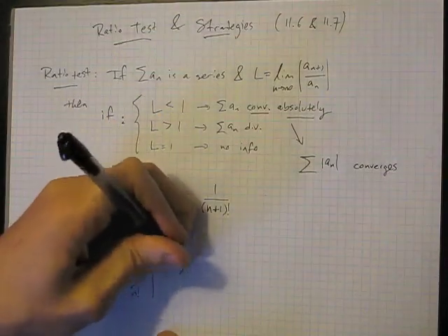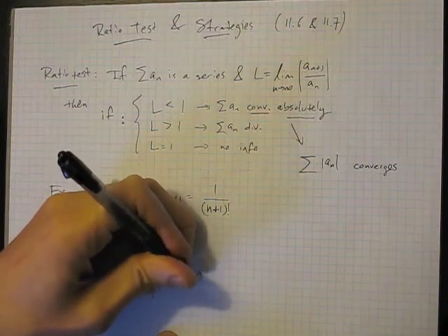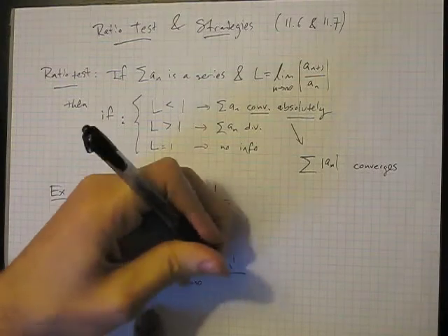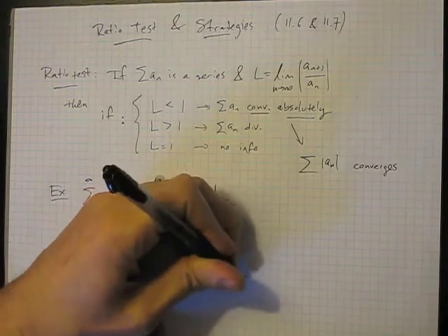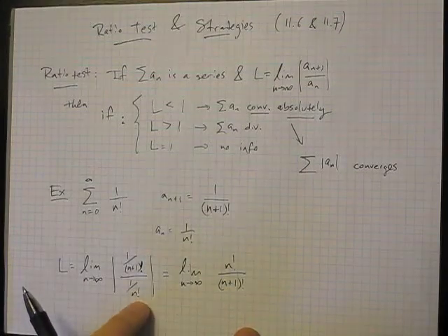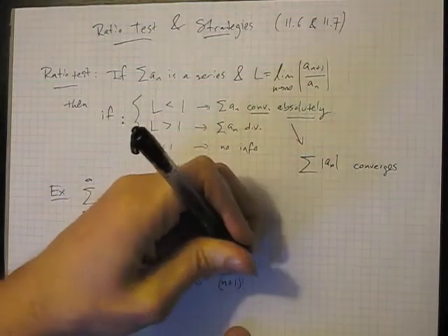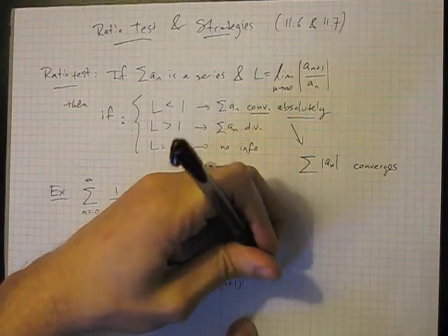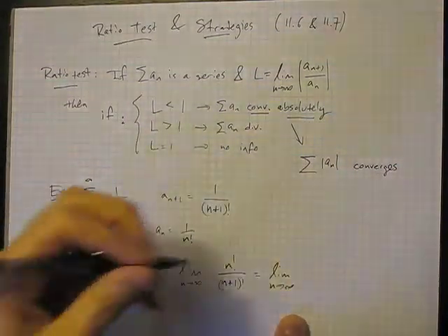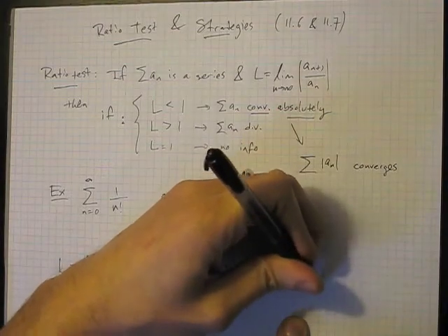So we get the limit as n goes to infinity of, so we do a little bit of algebraic judo, and (n+1) factorial goes to the denominator, n factorial goes to the numerator. And so this is the limit as n goes to infinity of 1 over n plus 1.